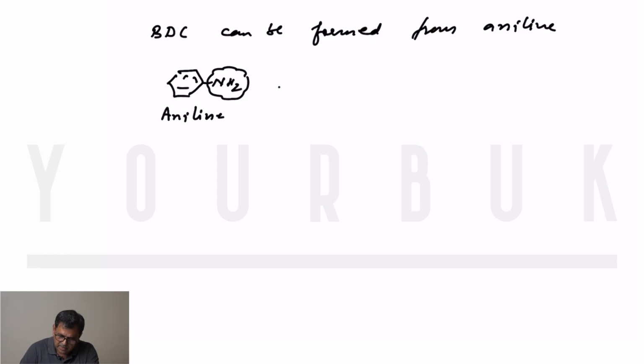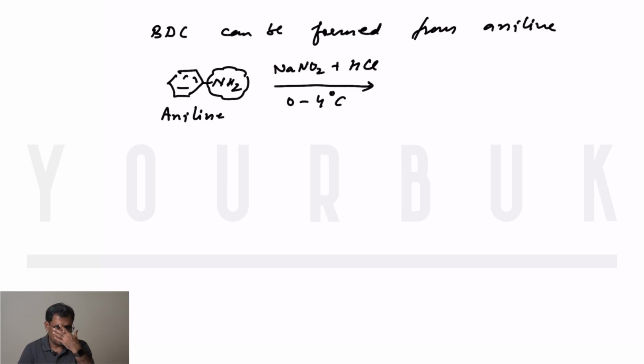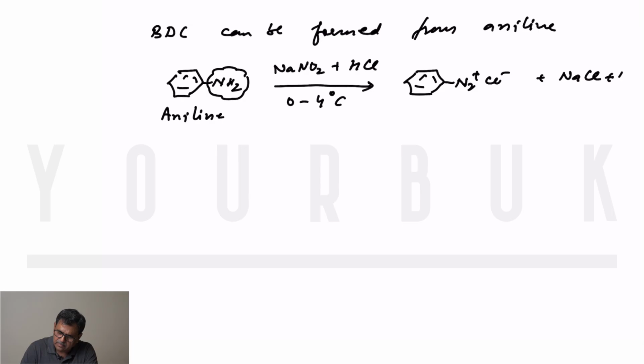So we are reacting this compound aniline with NaNO2 sodium nitrite and hydrochloric acid in ice cold solution, 0 to 4 degrees Celsius. But if you don't remember the temperature, you write ice cold solution. And it gives a diazonium salt. And the side products are NaCl and water.